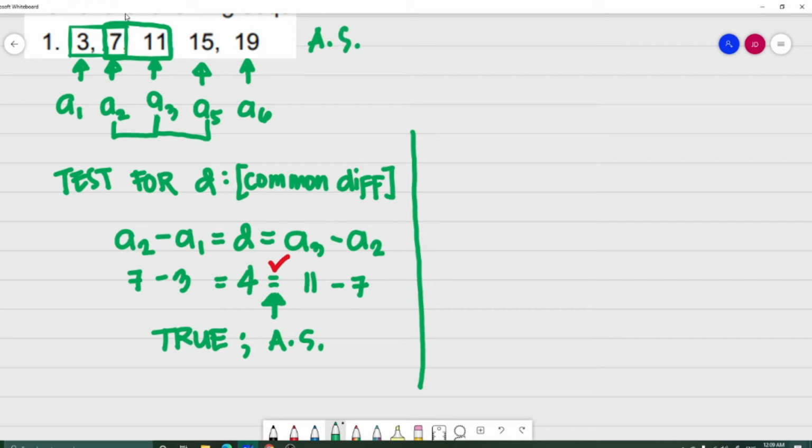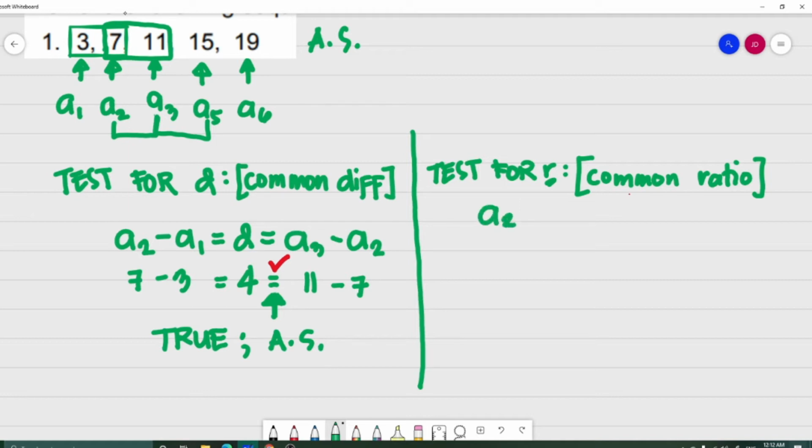But for the sake of showing you that dili ma-equal ang pag-test nato sa common ratio, atong isolve. So, test for R. Kinsa gani si R? Common ratio. Okay. So, unsaon pag-solve sa common ratio R? A sub 2, next term, over the previous term equals R. Dapat, next term over the previous term.